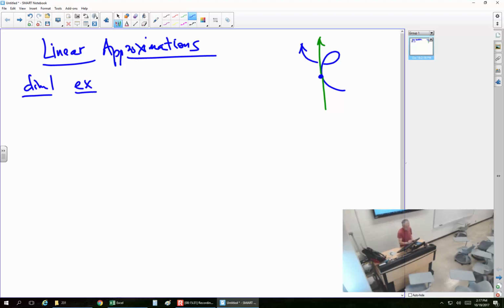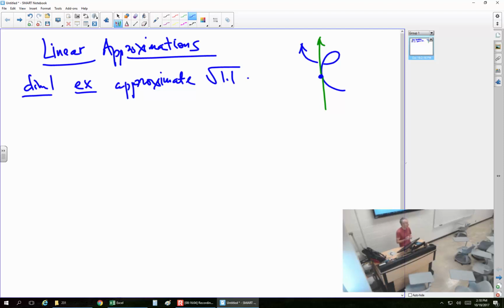And the question might be stated like this: approximate the square root of 1.1. Does this seem familiar? As you can see, there is no mention of a function, there is no mention of a linear or otherwise approximation, just that you have to approximate the square root of 1.1 without a calculator, naturally.